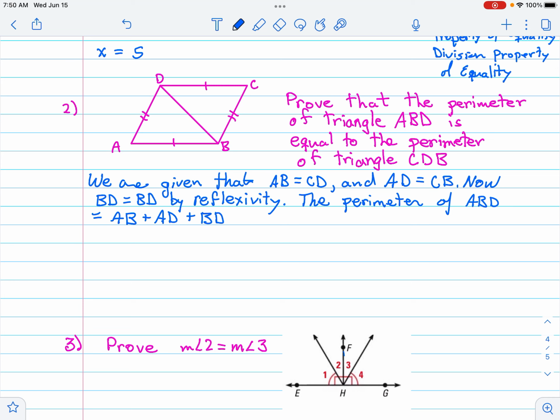Also, the perimeter of CDB is, or I say equals, it's going to be CD plus CB plus BD.